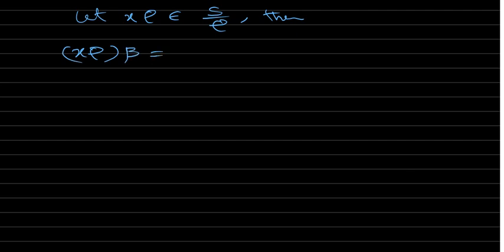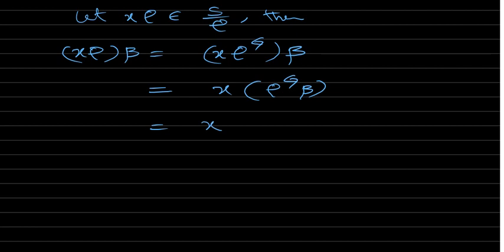But this is equal to x rho natural beta by definition. This is equal to x of rho natural composition beta, but rho natural composition beta is phi, and this phi is again equal to rho natural beta dash, because beta dash has the same property.